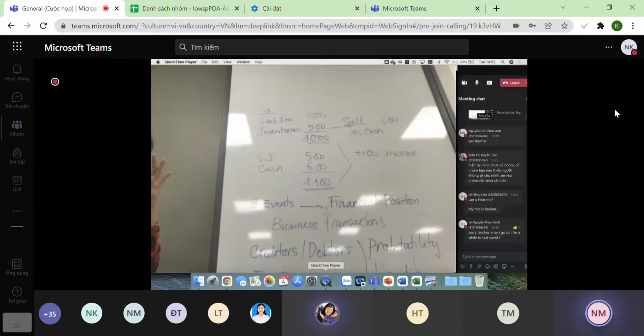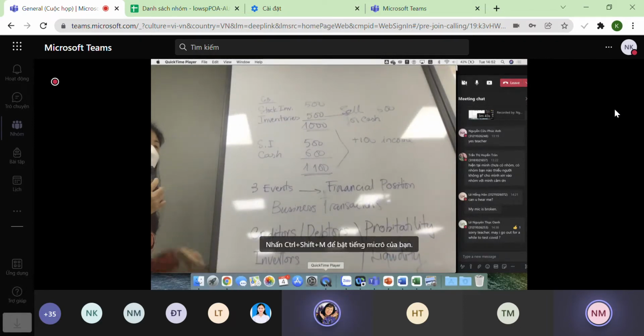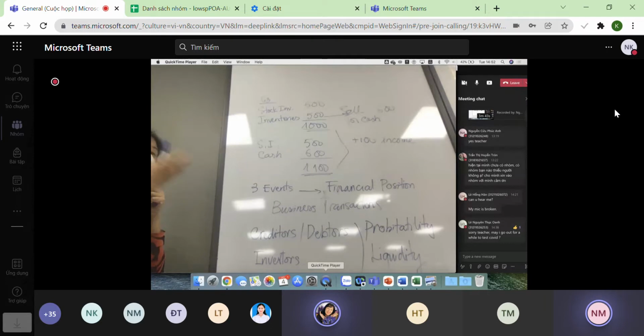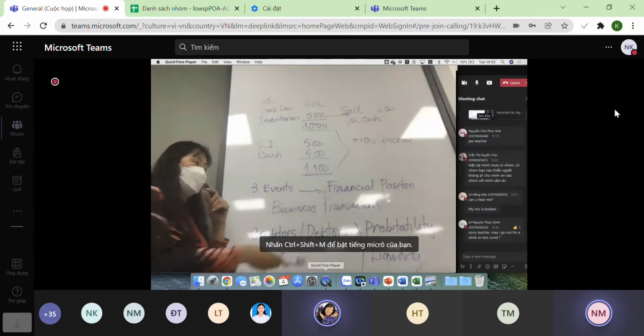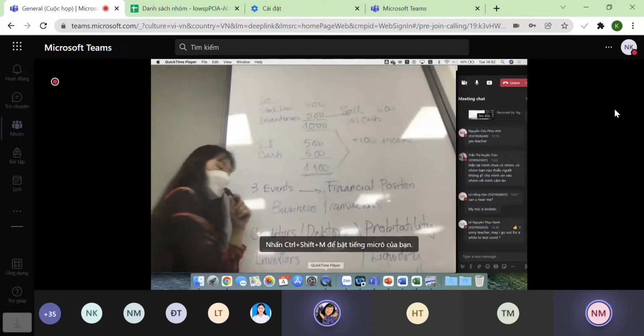If the managers choose plan A, that means they will borrow more money from the creditor. In that case, they have the potential to provide information that proves the profitability or the liquidity of the company.